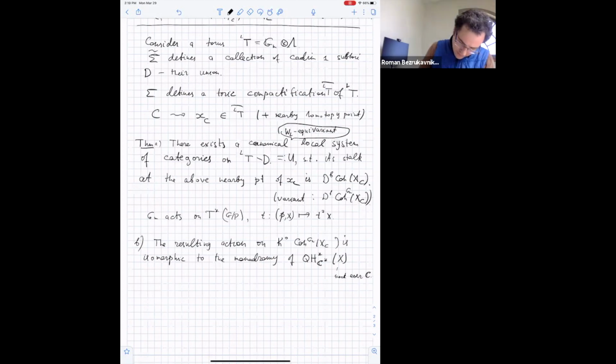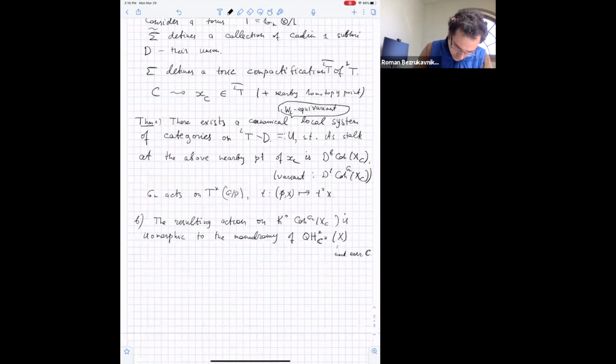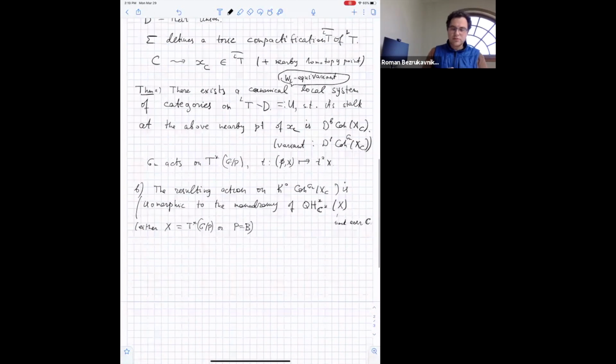So here, maybe for safety, I should assume that either X is equal to G star G mod P or P equal to B. I'm sure it's true much more generally, but I think those are the cases in the literature.